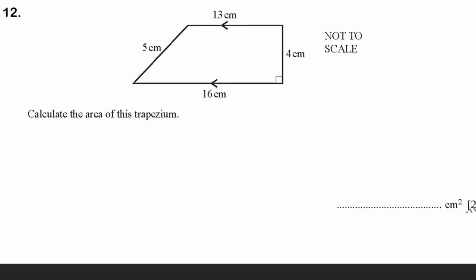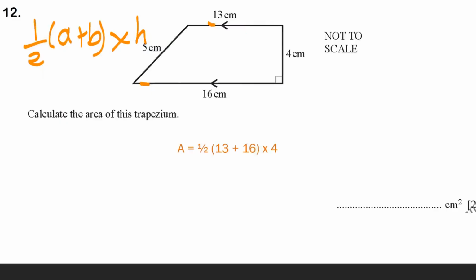Number 12, calculate the area of the trapezium. So you can use the formula 1/2 of the base 1 plus base 2 times height. Okay, so your base 1 is 16, your base 2 is 13.